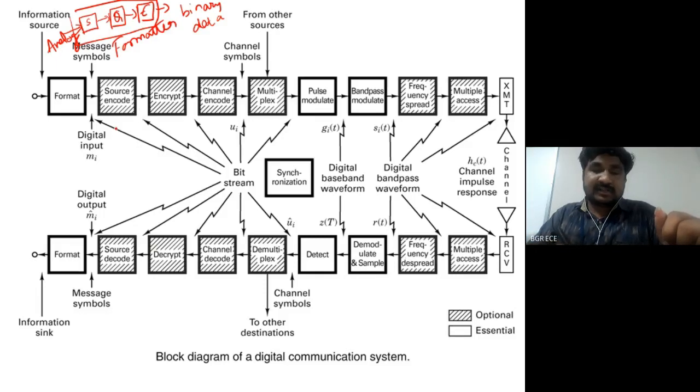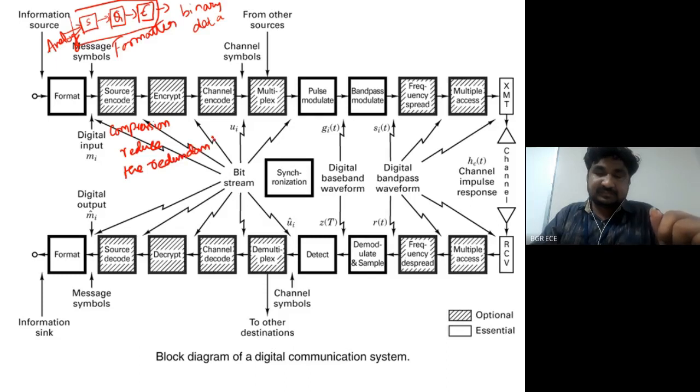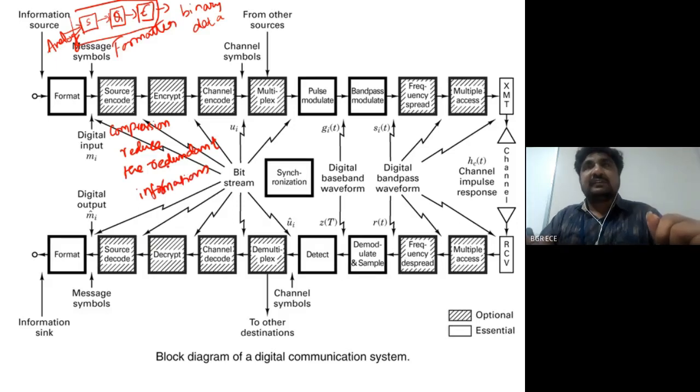The source encoder is used for compression, which is used to reduce the redundant information, so that the bandwidth will be utilized as much as possible to transmit a large amount of information.